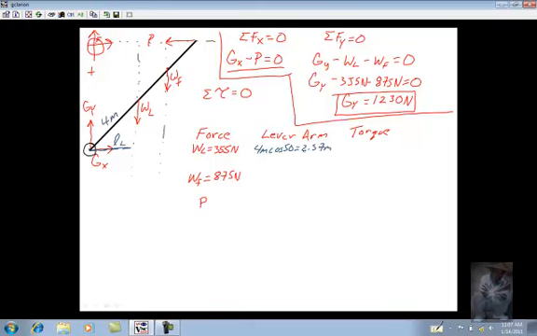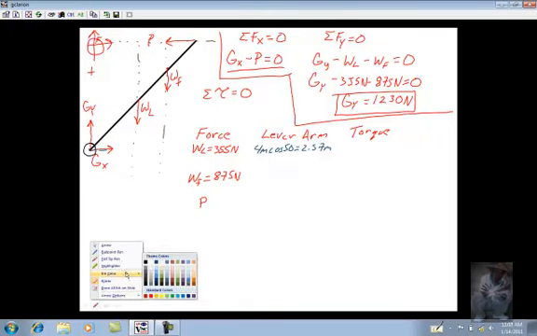Then let me erase this so that it actually looks neater. I'm going to erase this and that. And let's go back to blue.